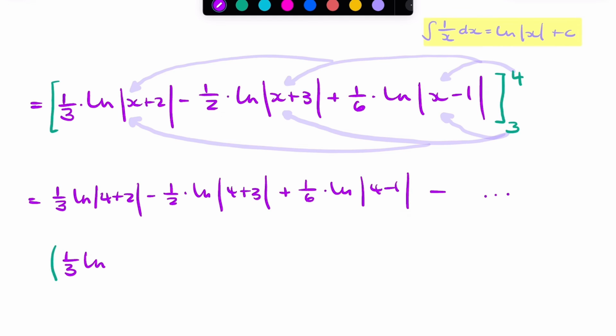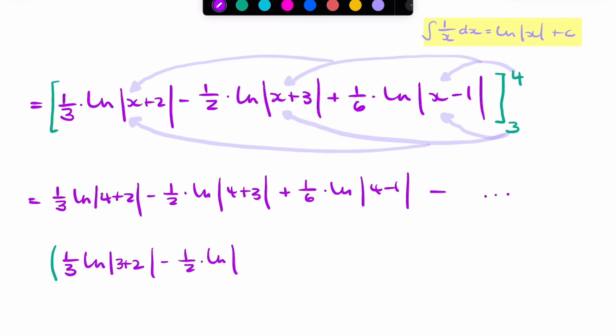1 over 3 ln 4 plus 3 minus 1 over 2 ln 4 plus x plus 3, isn't it? So it's 3 plus 3. Sorry, so this is x plus 2, so it's 3 plus 2.